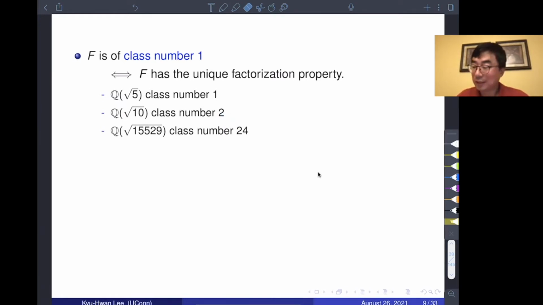And then this has class number 24. And again, this field Q adjoin square root of 50,009 has class number 1. So for big numbers D, we may have class number 1.